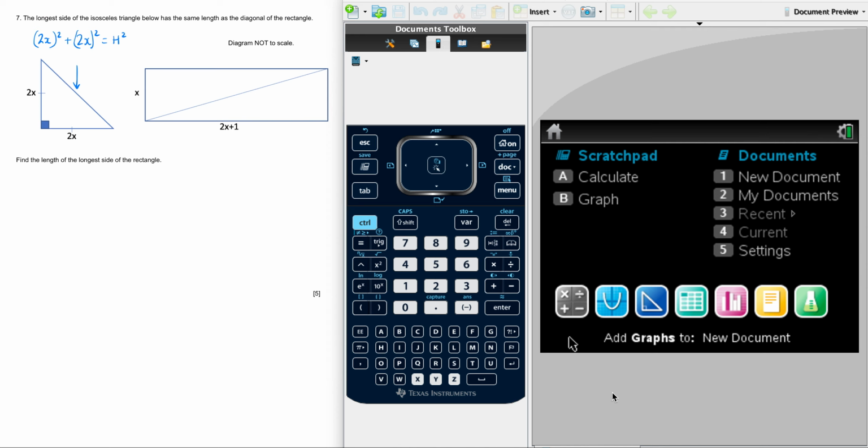If I square those brackets, I've got 4x squared plus 4x squared equals the hypotenuse squared, or 8x squared. So 8x squared is equal to the hypotenuse squared.